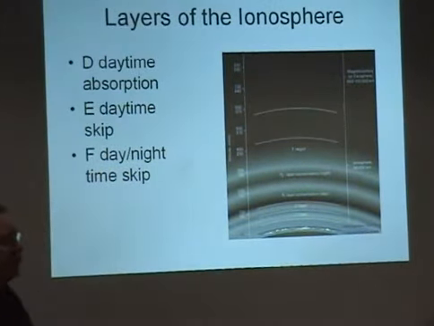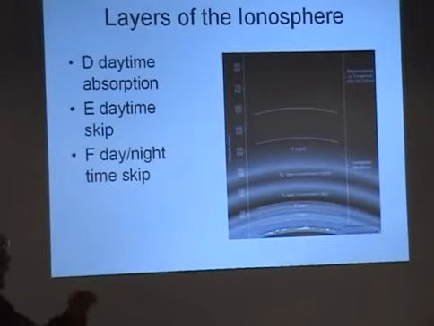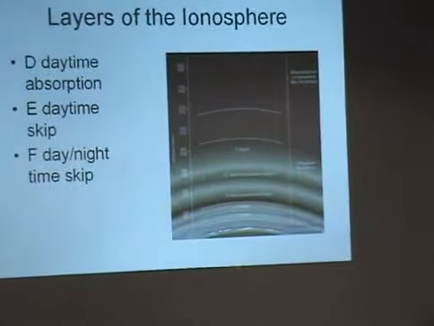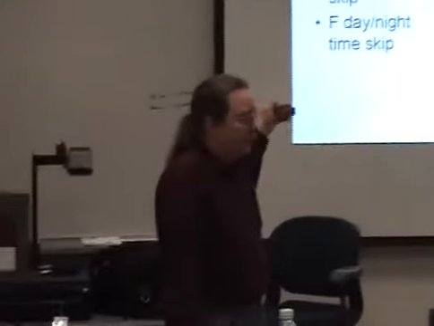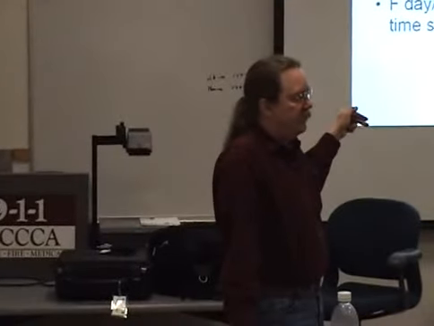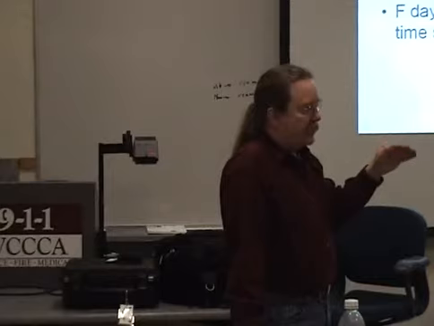Here's another way of looking at it, day to night. And this is basically a density. So there's not really layers, so to speak. There's regions, and it depends upon the density of the ionosphere. It's going to be densest the closest it is to the sun, and least dense further away, because you're actually absorbing UV particles as they come in.